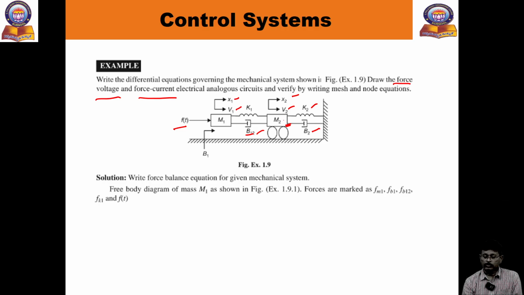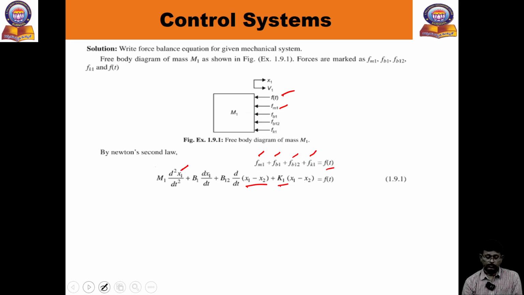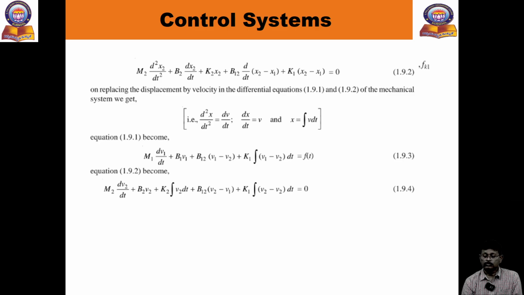Then m2 into d square x2 by dt square, so these equal 0 for the second one. Now we take the force-voltage analogy and write the different equations.